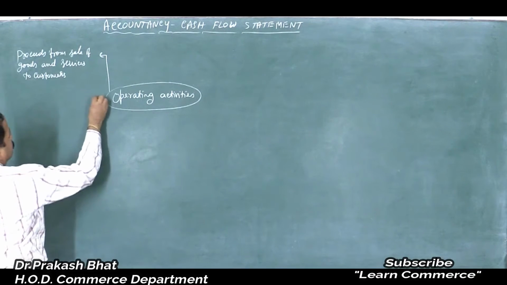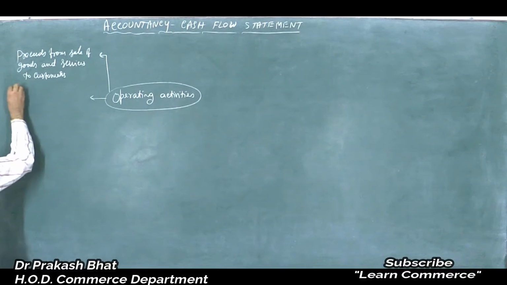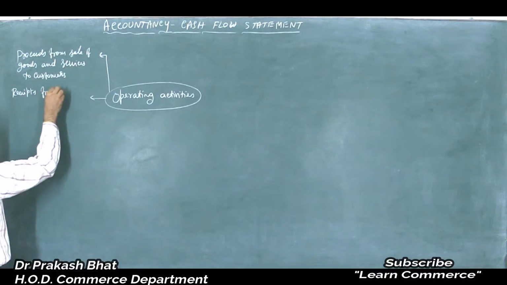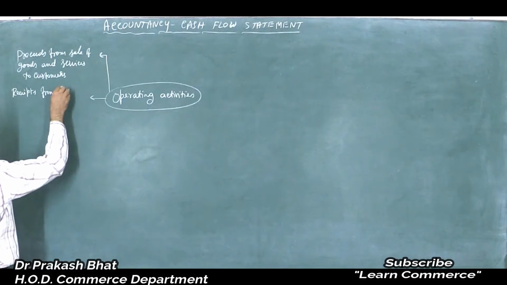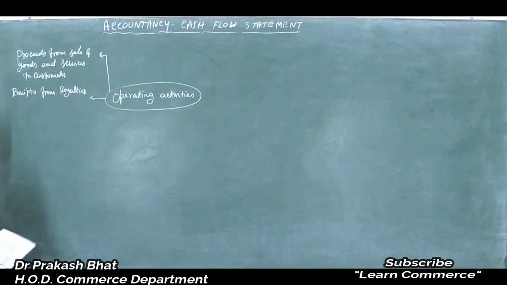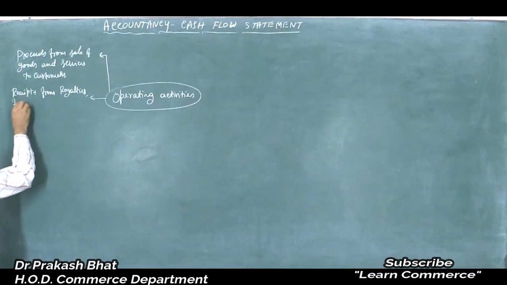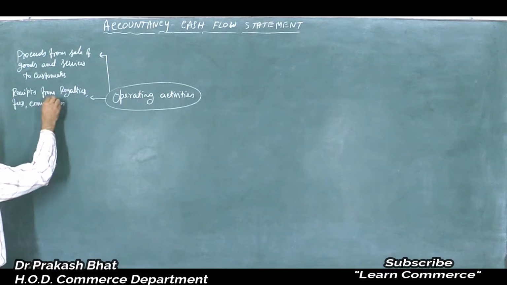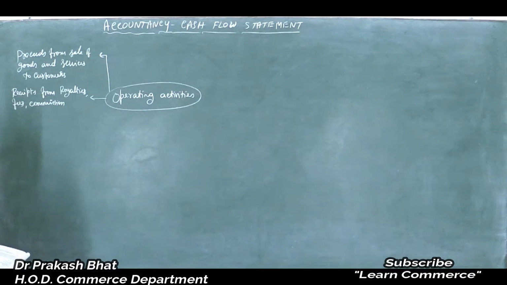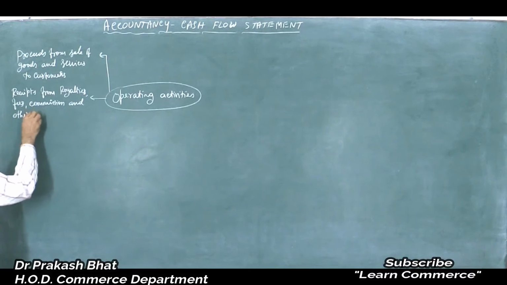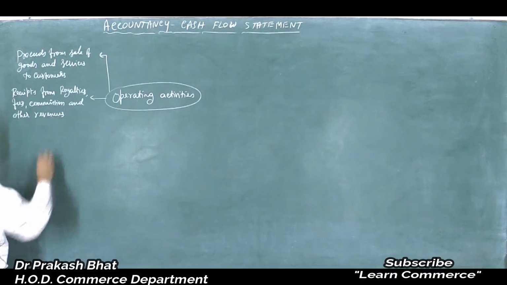Then the other one is receipts from royalties, fees, commission, and other revenues, right?